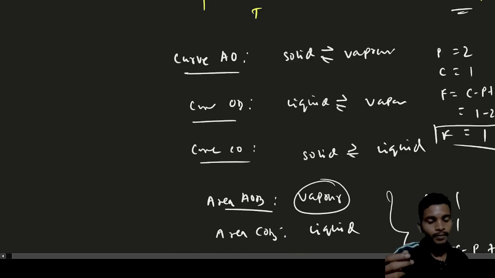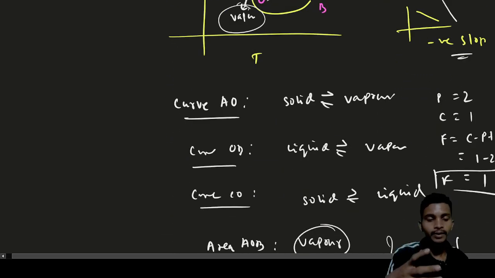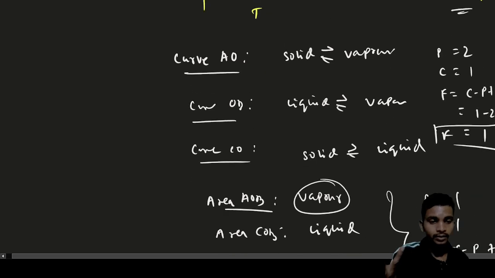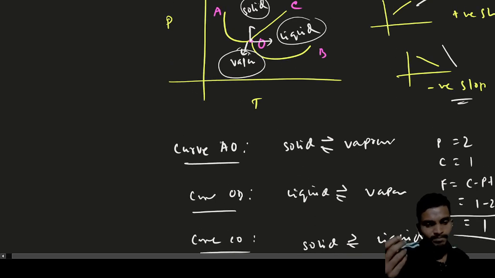Similarly, we can explain it the same way as we explained for water. If any point is present on a curve, then we need only one variable, and with that we can determine the other variable.